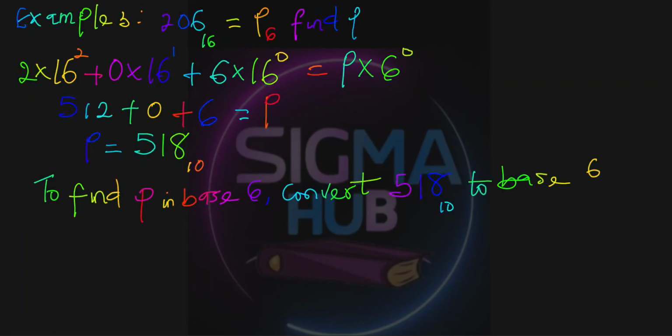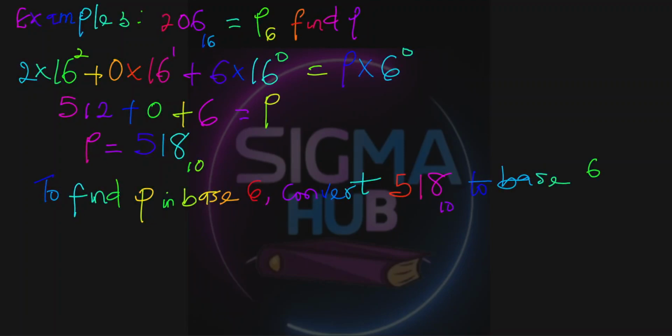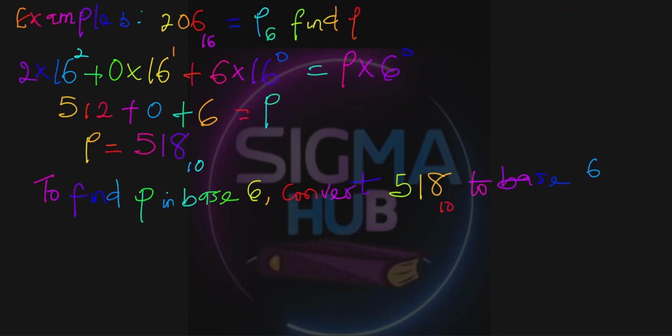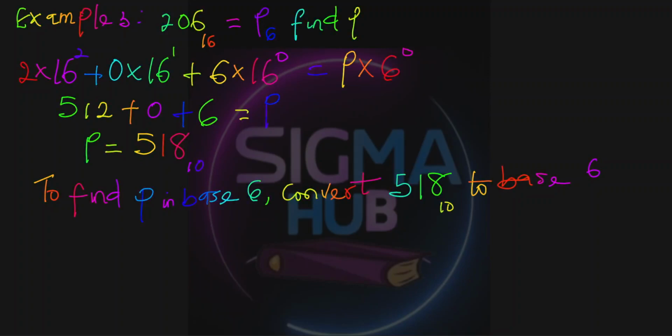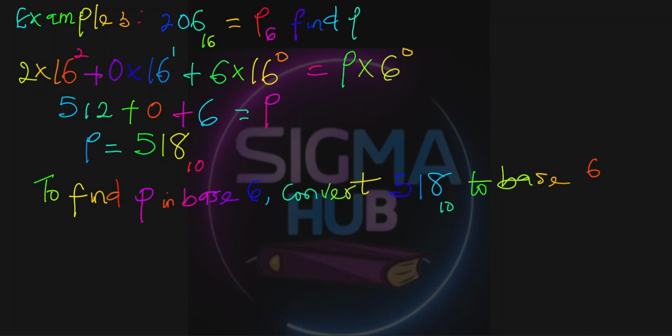So how do we go about that? If you don't know how to convert from base 10 to any given base, go and check my previous videos. You're going to see how to convert from base 10 to any given base.